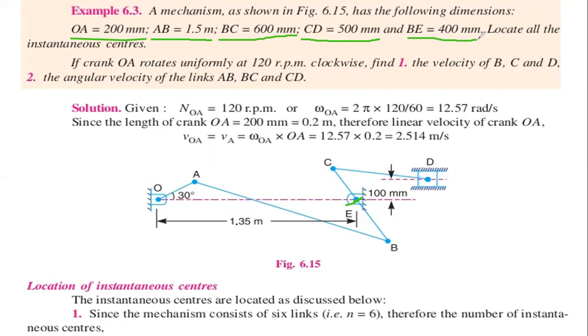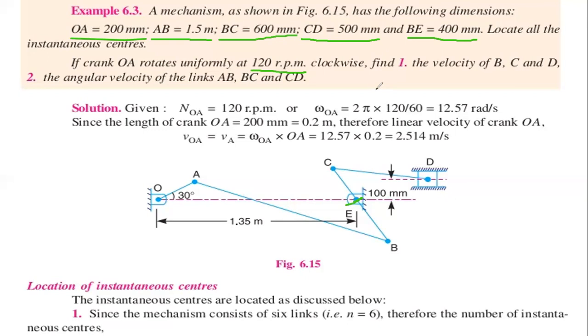If crank OA rotates at 120 rpm, so we have been given the speed also, that is N of OA is equal to 120 rpm. From that we find the angular velocity of OA, that is omega of OA.